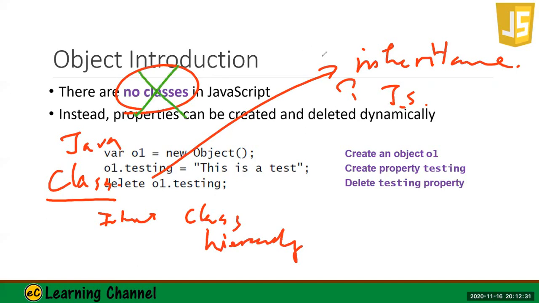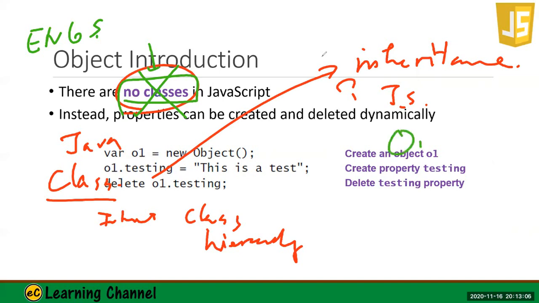Okay, actually newer ES6 JavaScript has class. Yes, they adopted it, but right now we don't teach you that. Okay, the newer version of JavaScript has class. Yes, but right now we don't teach that. I want you to get used to the no-class JavaScript first. So what sort of inheritance do we have? Remember that? Amber, do you remember that?